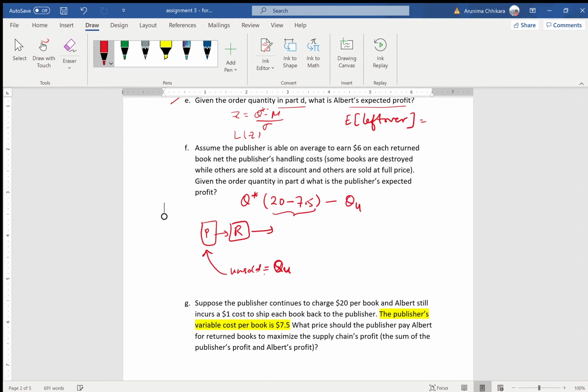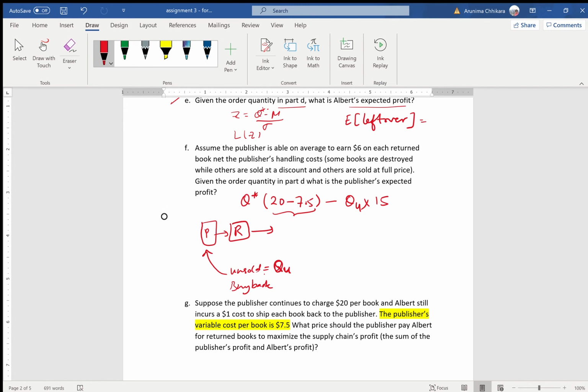So this QU, we would be multiplying it with how much money the publisher pays the retailer as a buyback, $15, right? So we would multiply it with 15, and now it pays the retailer $15, but it also makes some money salvaging those books, right?